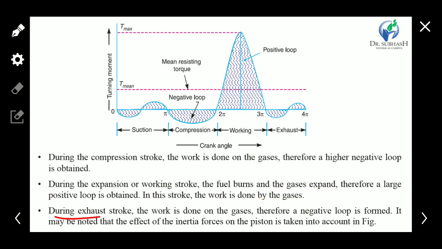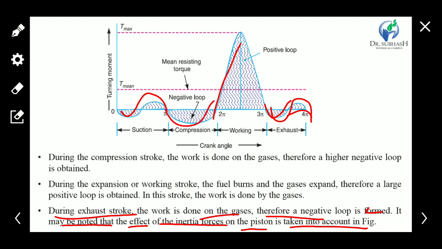Now during the exhaust stroke, the work is done on the gases, therefore a negative loop is formed. It may be noted that the effect of inertia force on the piston is taken into account in the figure. Due to the inertia also being counted, this loop in the turning moment diagram is the exhaust stroke. So first is the suction, then compression, power stroke and exhaust stroke.